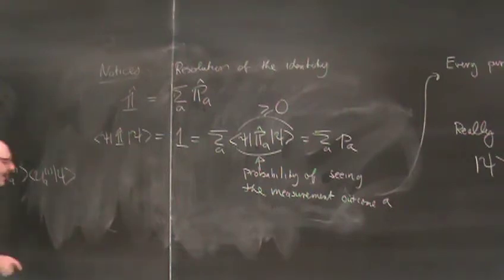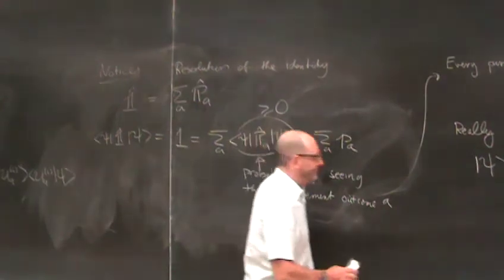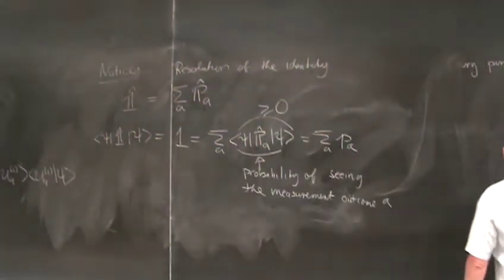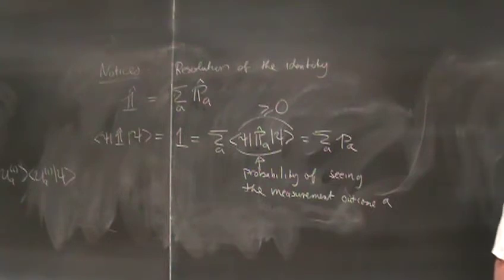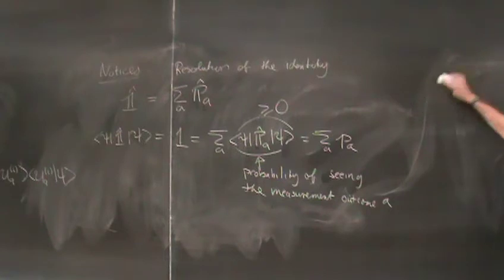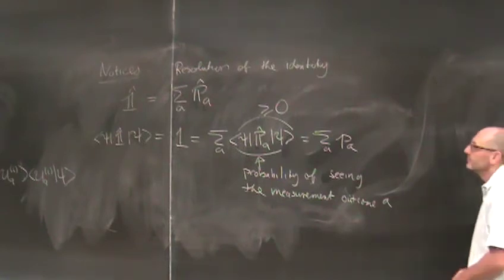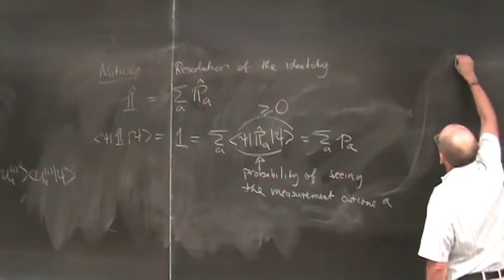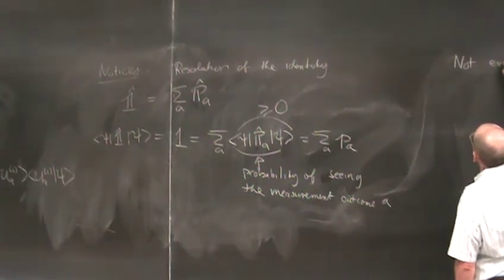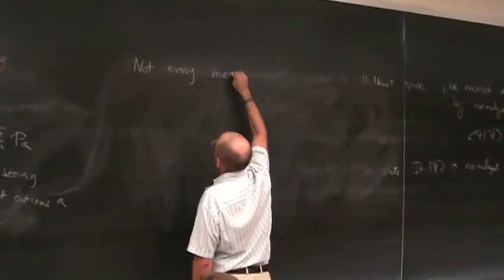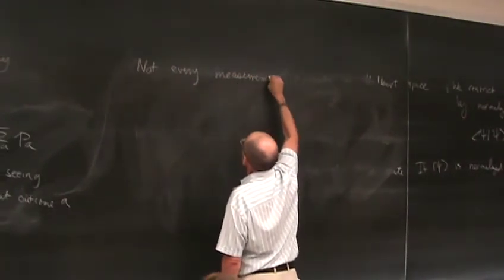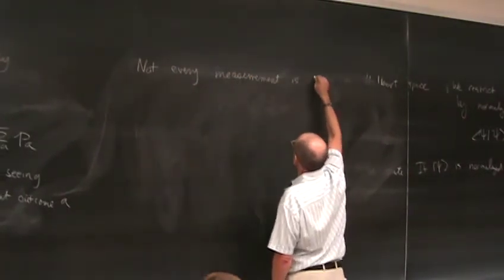Now, what I want to say is the following. This I'm just going to mention because we should, although we won't get into it too deeply. Not every measurement is projective.